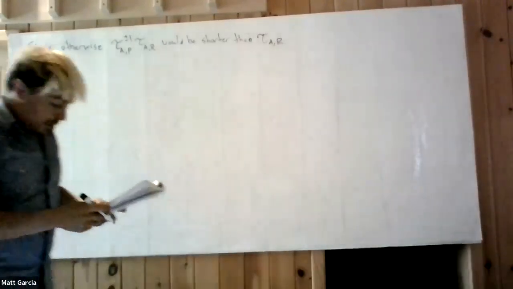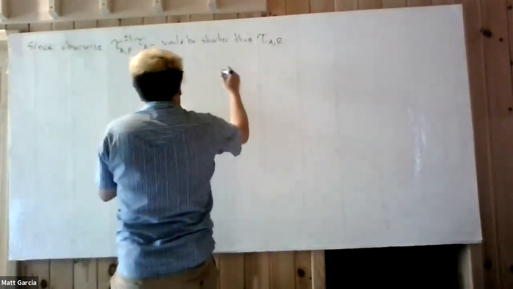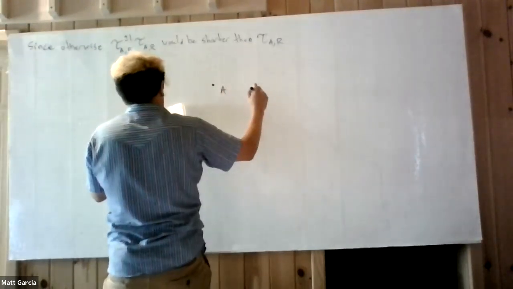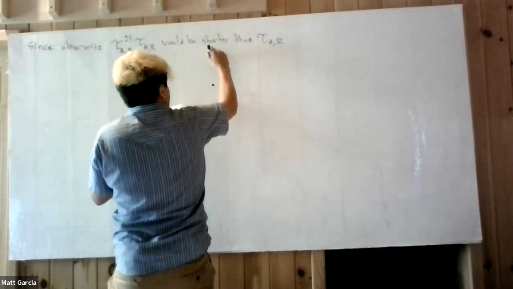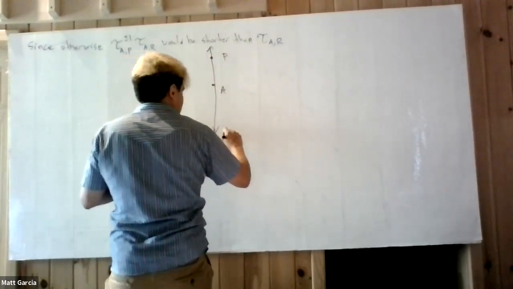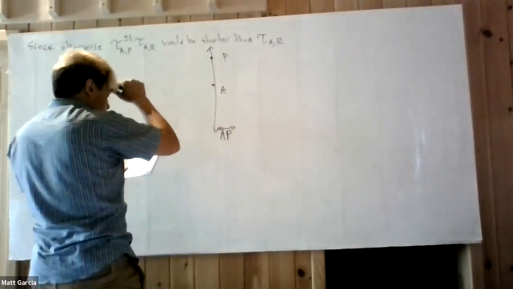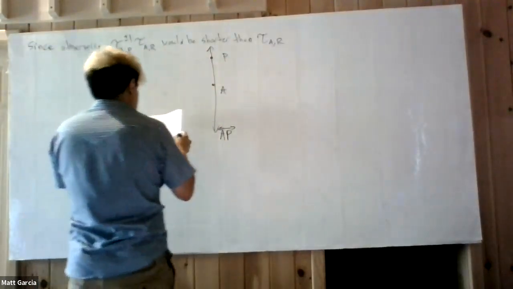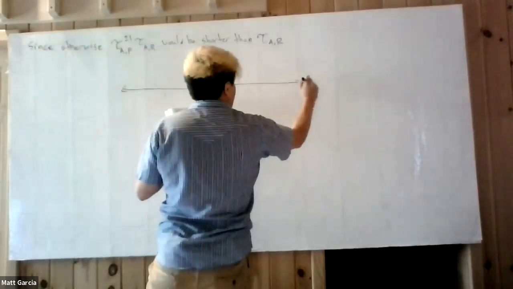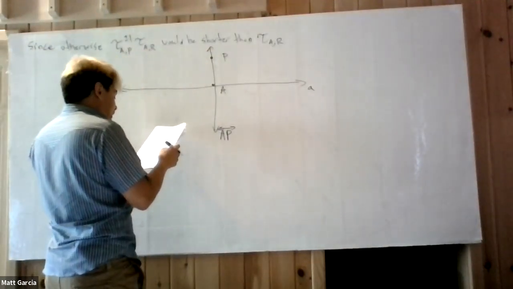All right, so let's see this. Okay, so we start with our point A and this point P, and we look at the line AP, and then we had this line through A and perpendicular to AP.